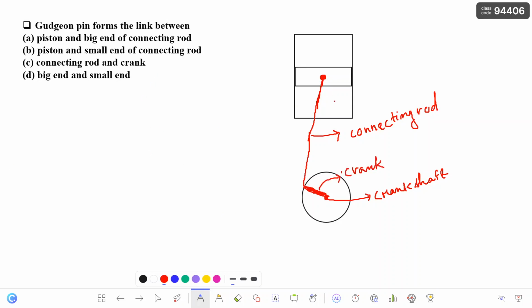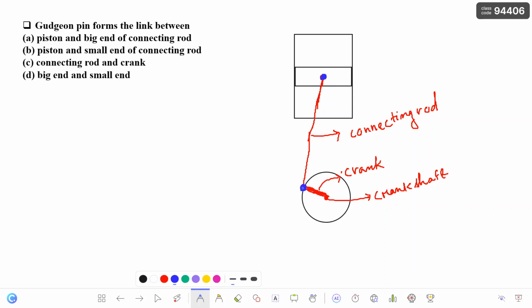There are two important pins you should remember. One is a pin that attaches the piston and the connecting rod, and the other is a pin that attaches the crank and the connecting rod.